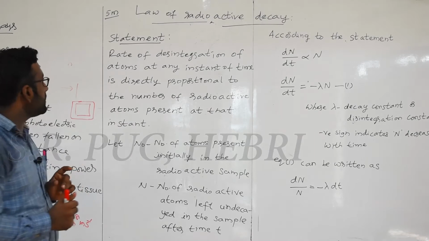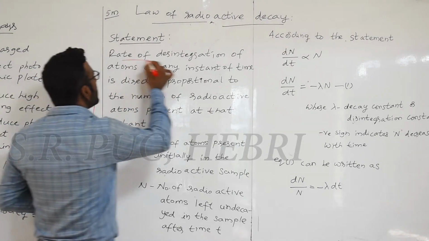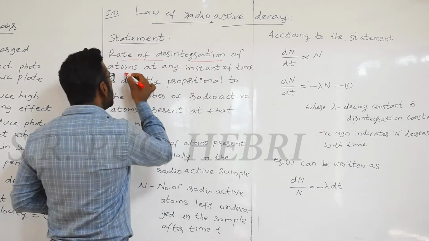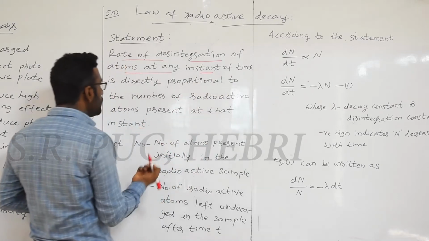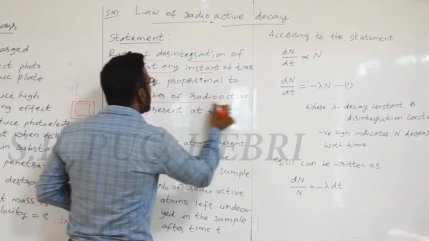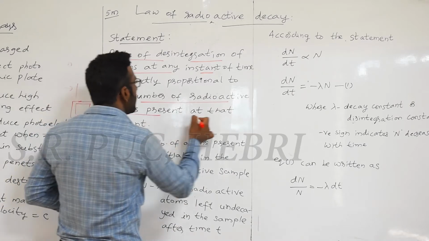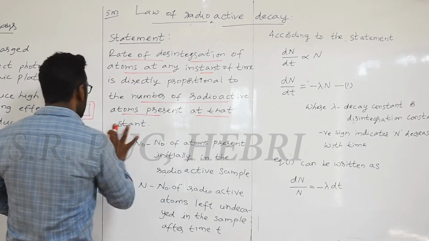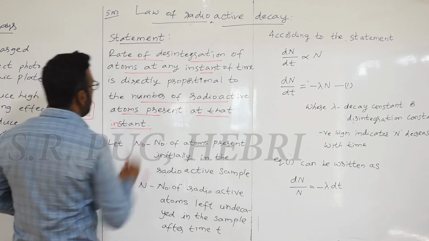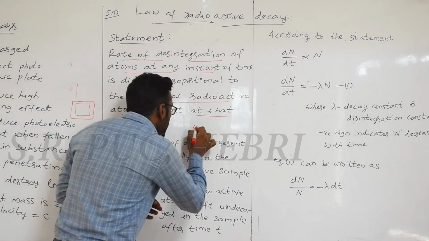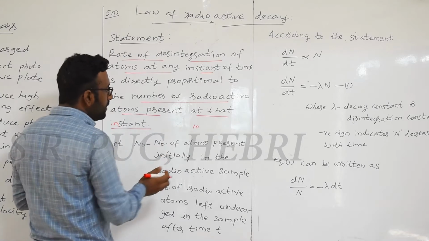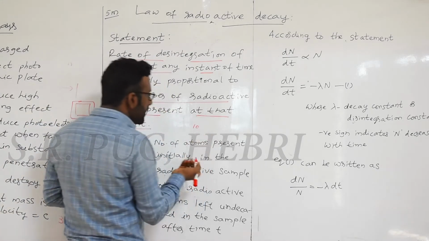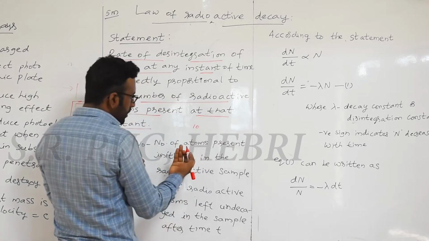The statement of the law says that the rate of disintegration of atoms at any instant of time is proportional to the number of radioactive atoms present at that instant. If there are, let's consider, 10 atoms, the disintegration is nothing but the decay process.